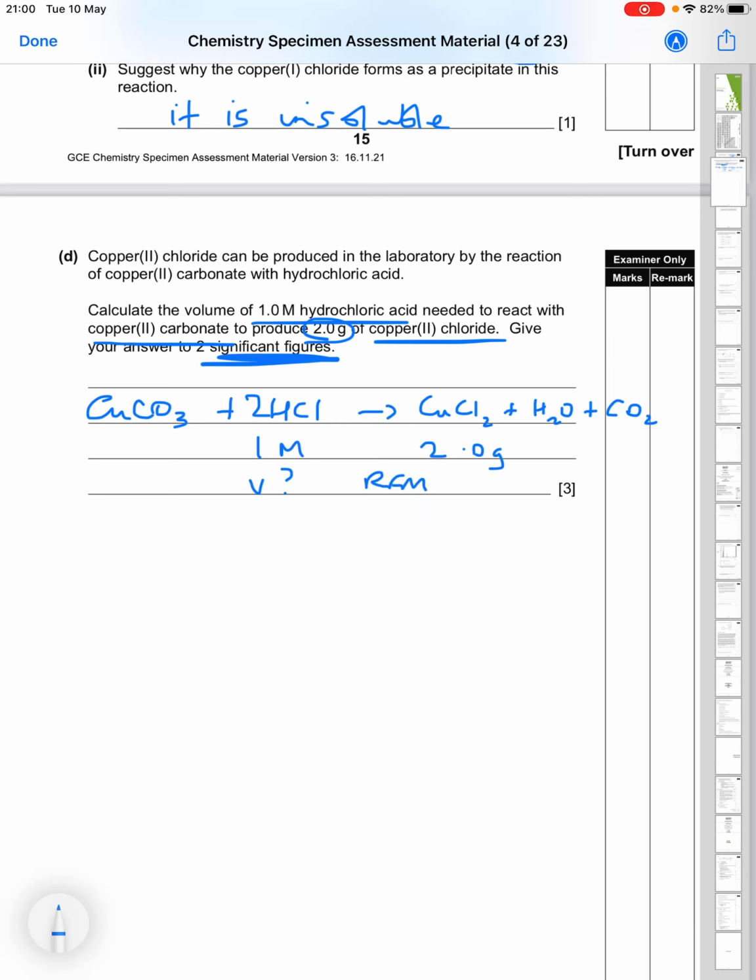The formula mass of copper chloride then, 64 for copper, 2 chlorines is 71, so that is 135. So the number of moles of your copper chloride is 2 divided by 135, which is 0.01481.